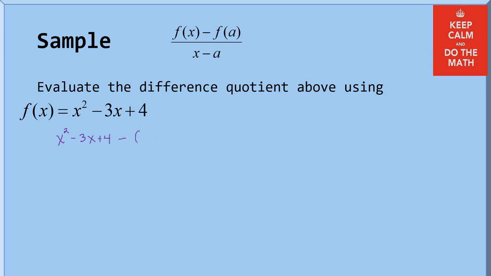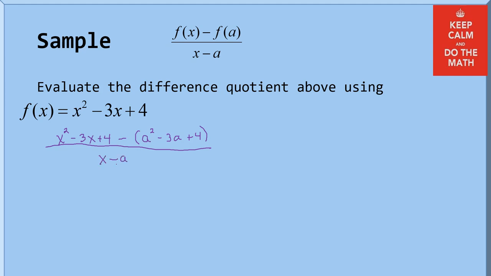minus f of a. Well, f of a means take the value a, plug it in everywhere you see an x in the same function. So now I have a squared minus 3a plus 4. And all of this is over x minus a.